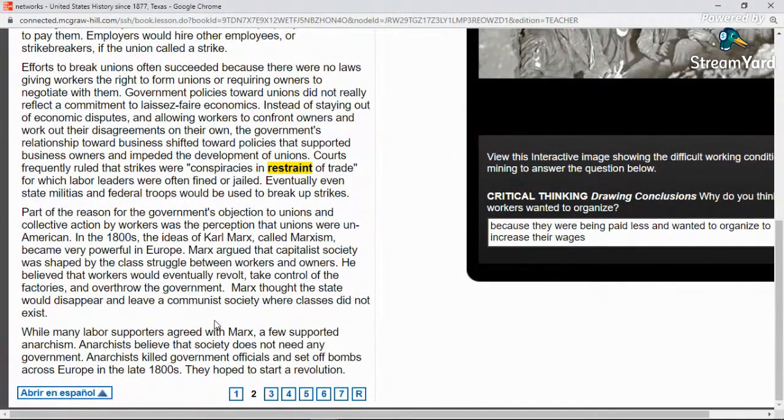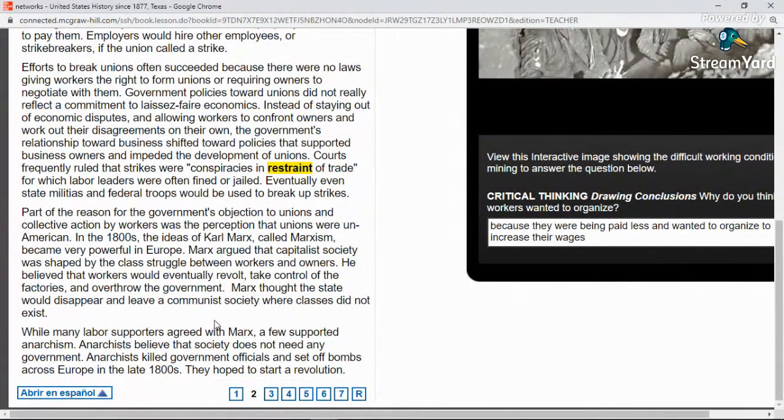Why was the government so against the unions? It wasn't just based on economics, guys, but also because a lot of unions were connected to the ideas of Karl Marx, okay, Marxism, which was very powerful in Europe. And Marx was against capitalism, okay?